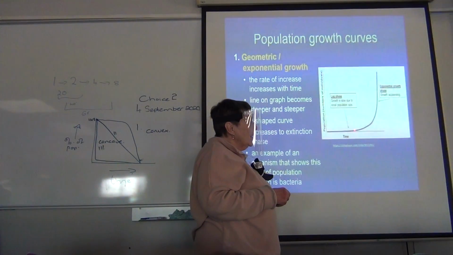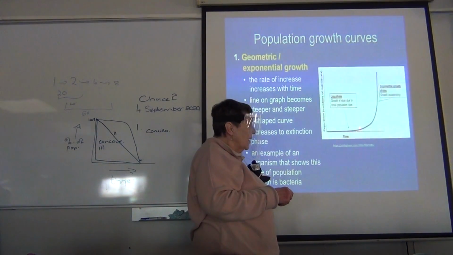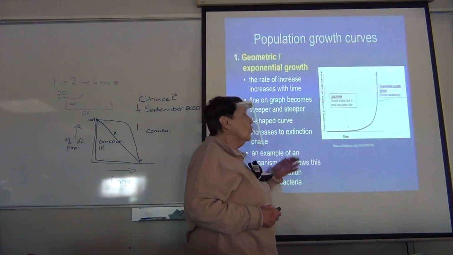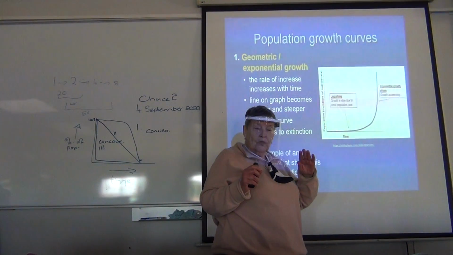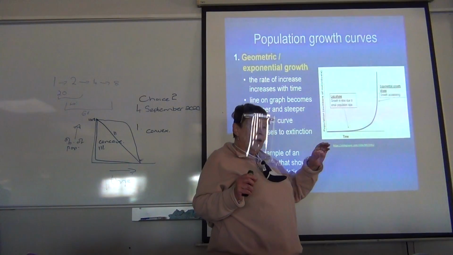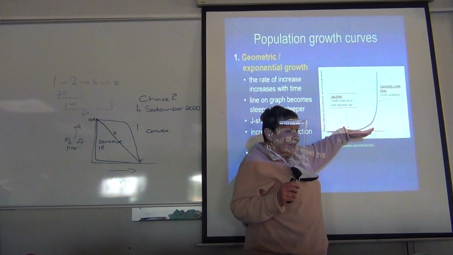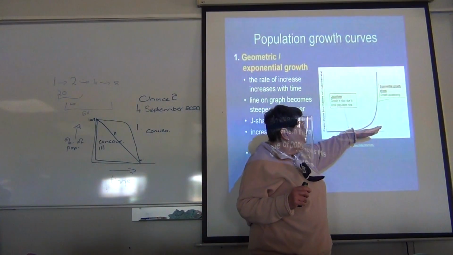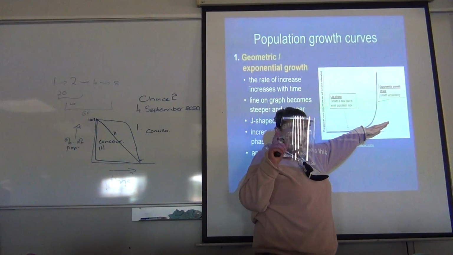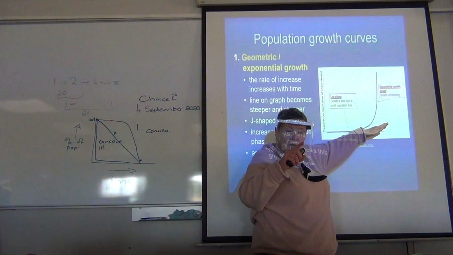Then as the population reaches a particular level, in other words, when the numbers are a bit higher, the rate of increase increases, and this is important. That means the graph becomes steeper and steeper. If the graph was just a straight line going up, you would say increase in population.